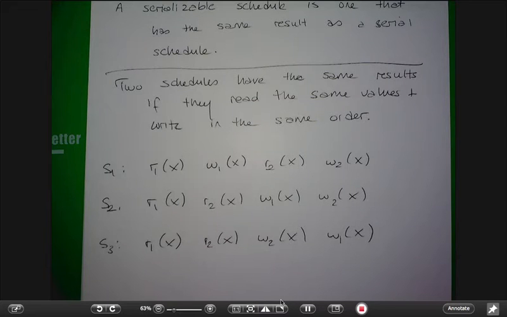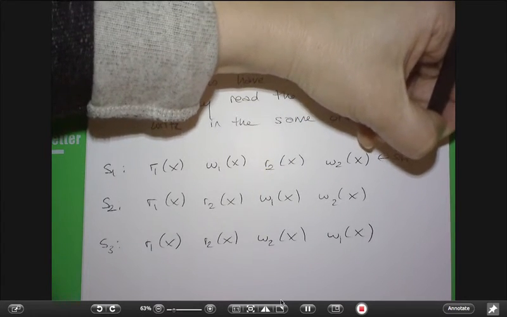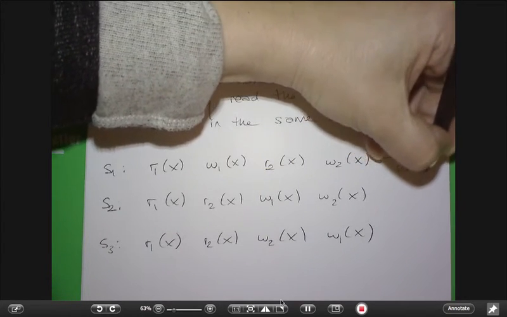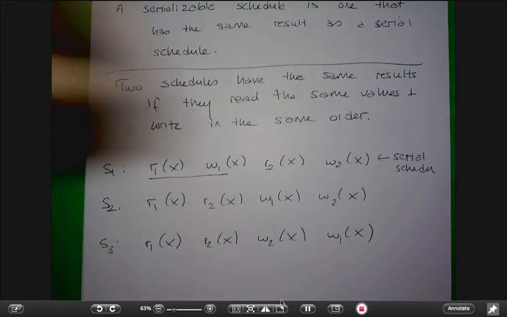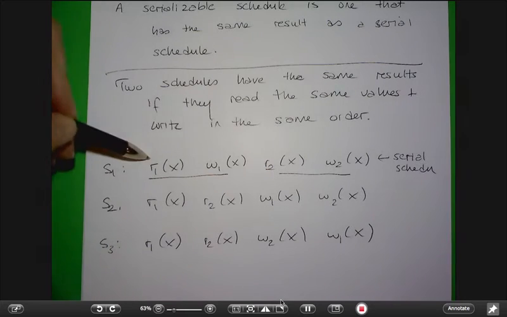Okay? So these are 3 possible schedules of the same 4 operations. This one happens to be a serial schedule, because everything for 1 comes before everything for 2. Both of these are mixed, right? So now the question is, are these two equal to the first one?